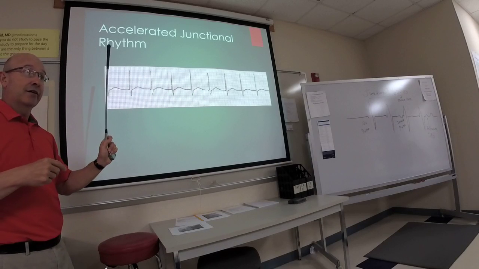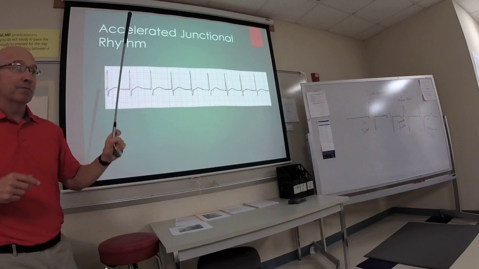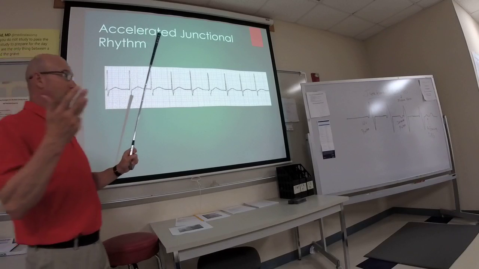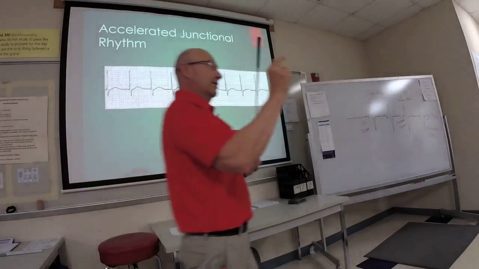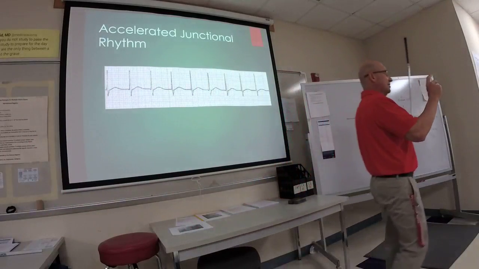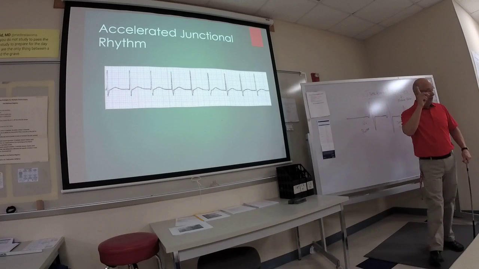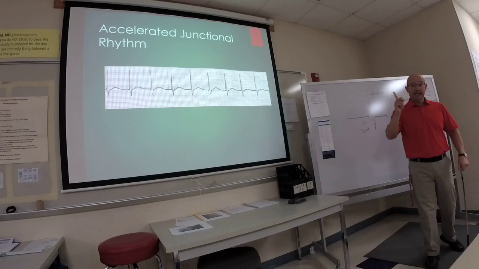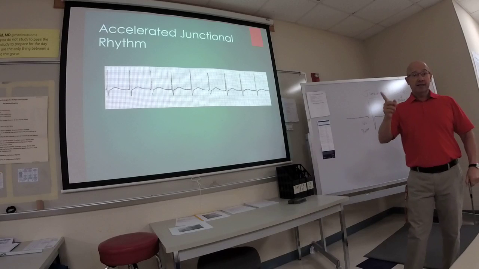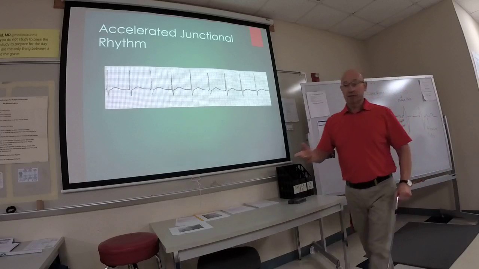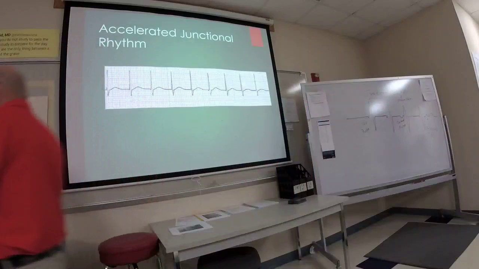Now the next one's going to be a junctional tachycardia. Guess what rate that's above? 100, right. It's going to be about 100 because it's a tachycardia. Tachy means fast. Cardia, above 100. Same as a sinus tachycardia, except it's not going to have what? P waves. Okay?